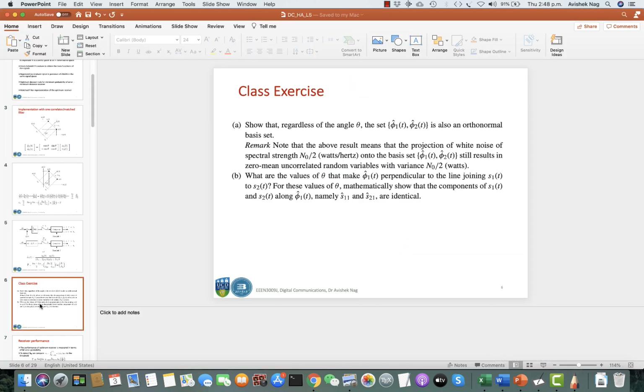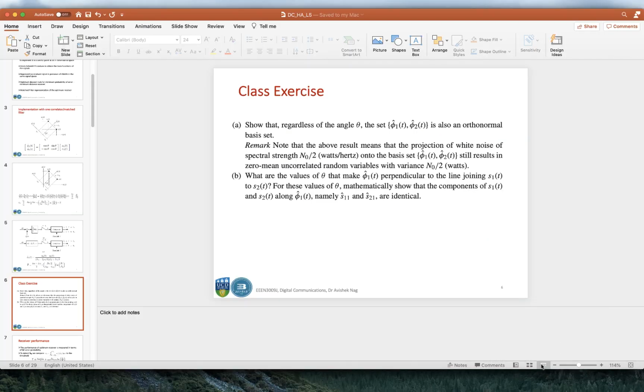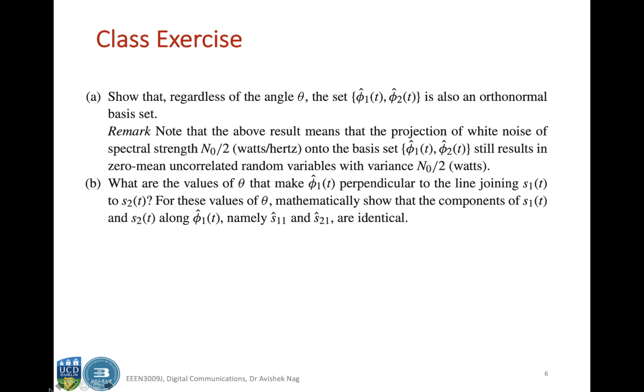Now, what are the values of theta that make this work? We have just done this. For these values of theta, mathematically show that the components of S1 and S2 along phi 1 hat(t) are identical. So if you now calculate S11 hat and S21 hat, that can be calculated. Let me now use this slide.